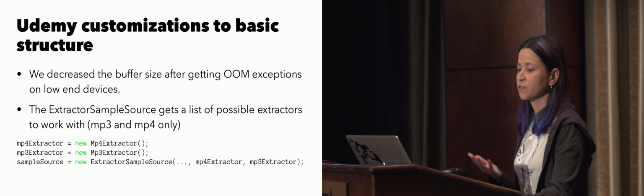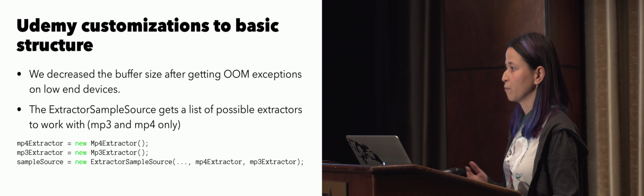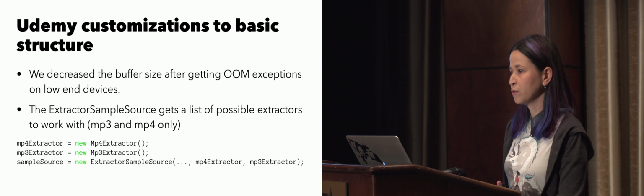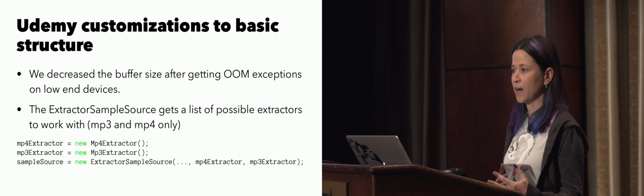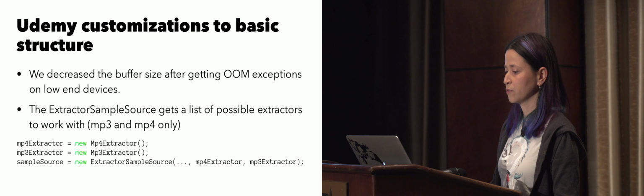So we could give it only the types of extractor that we wanted to use and avoid a part where it goes over all the extractors and tries to figure out exactly what type of stream this is. And that's basically it. That will play MP4.